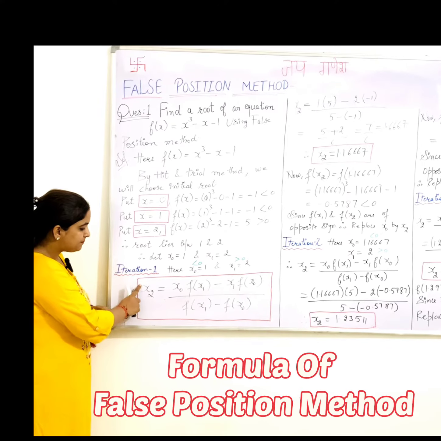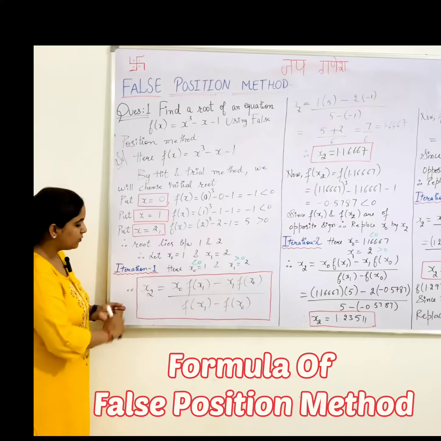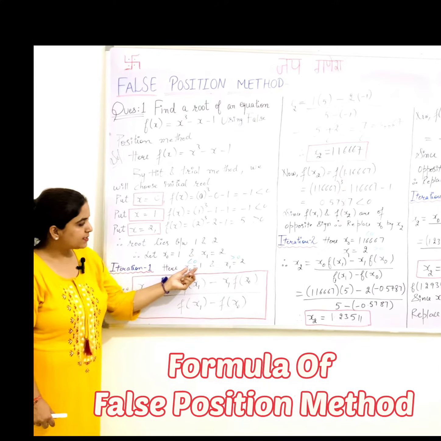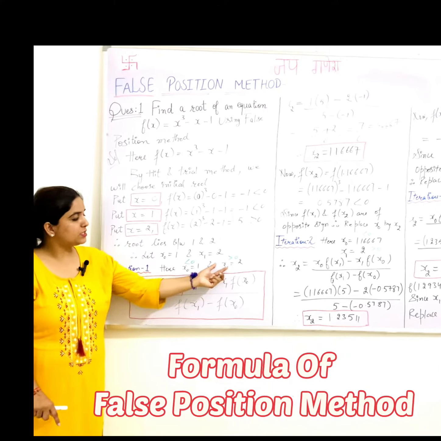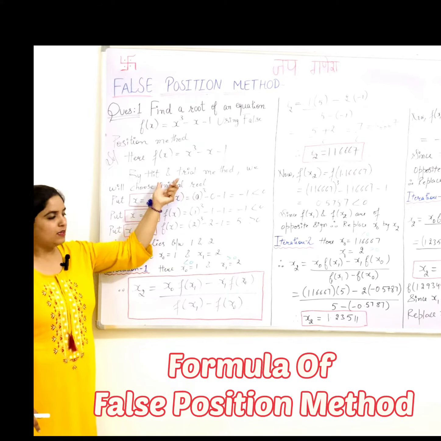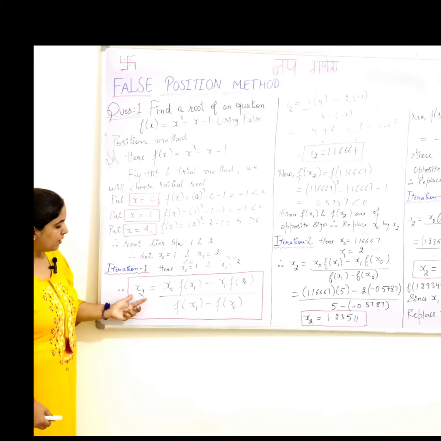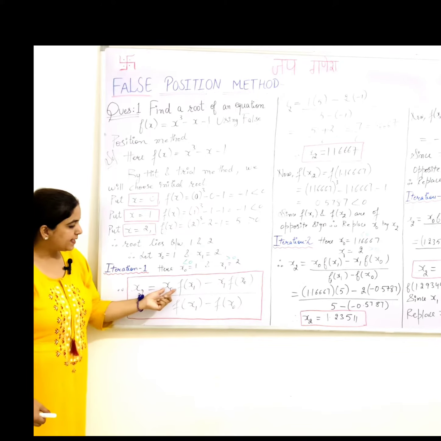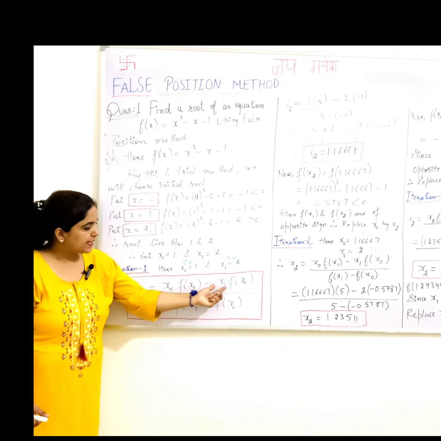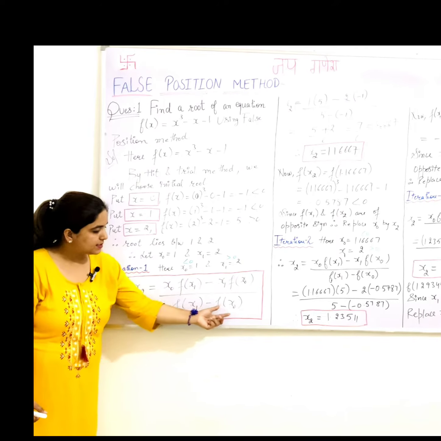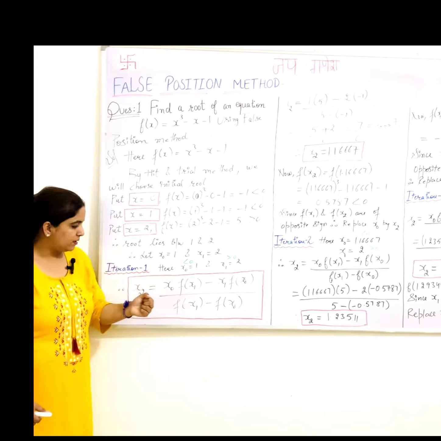How to find x2, which is the main solution, by using x0 and x1, which have been found by the trial method, which is already discussed. So learn the formula: x2 equals x0 f(x1) minus x1 f(x0) divided by f(x1) minus f(x0). How to remember?